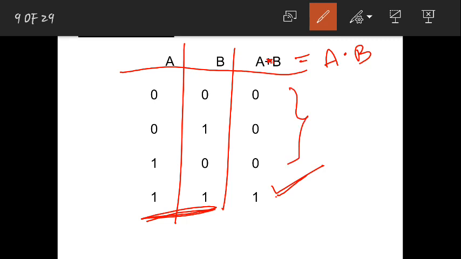Instead of that, you can also write: if any one input is equal to 0, only then output is equal to 0, else the output will be equal to 1. You can write it in 2 ways, but you need to have a basic understanding of that logical operation and its truth table.